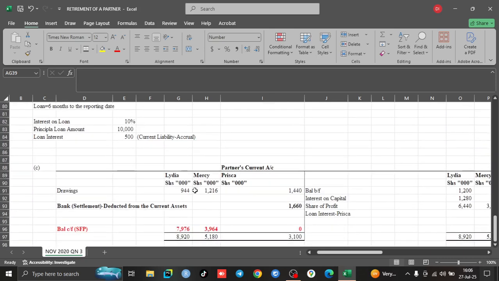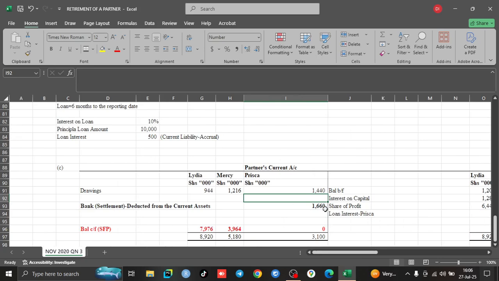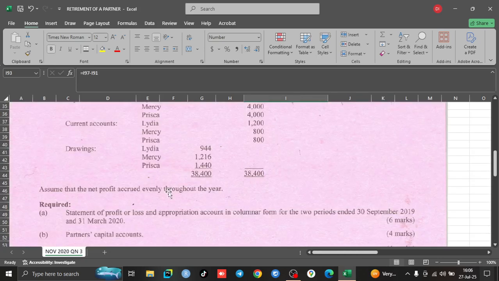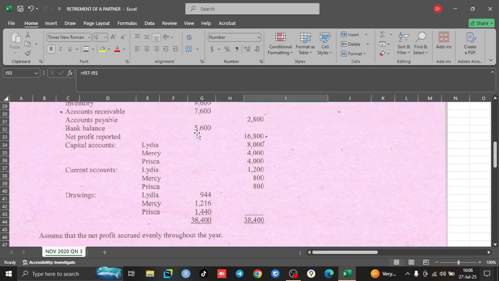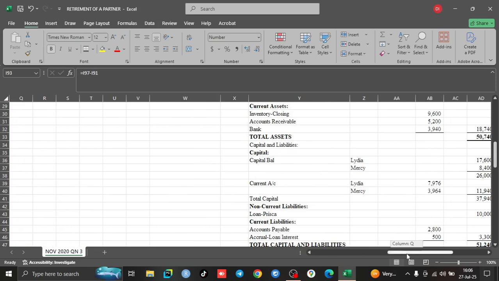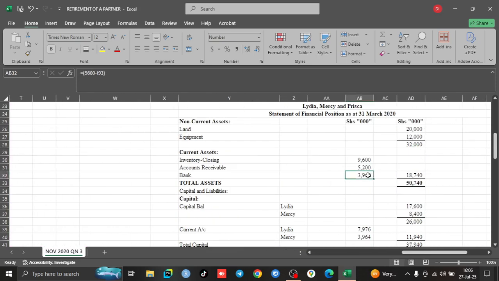I included the drawings due to Priska. Then I included the loan interest due to her of 500. So 1660 should have been deducted from my bank balance of 5600. So 5600 minus 1660 should be 3940.